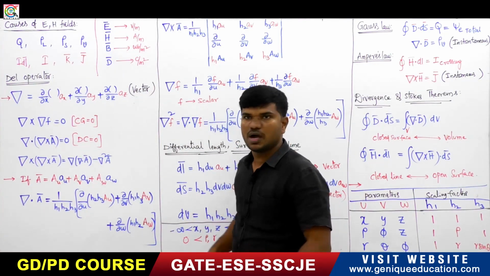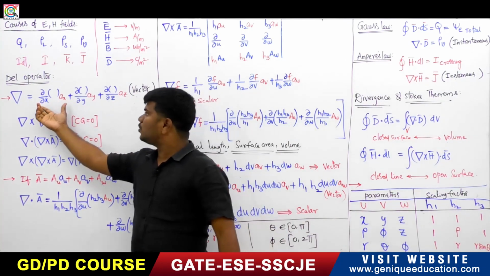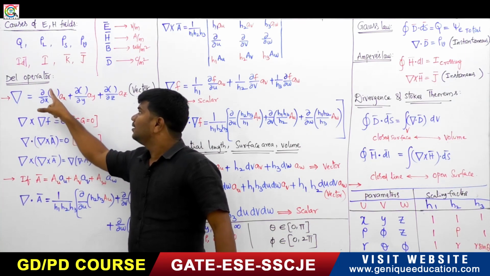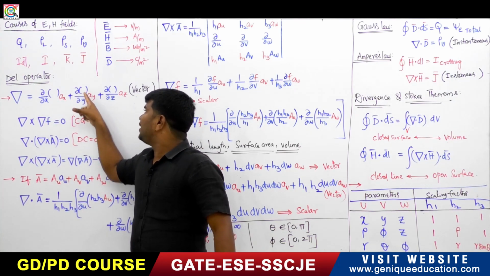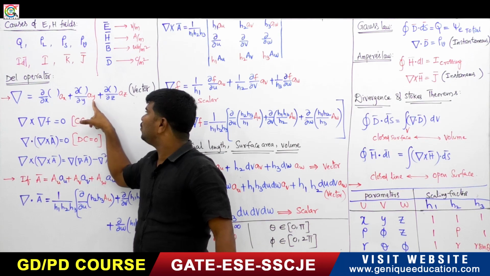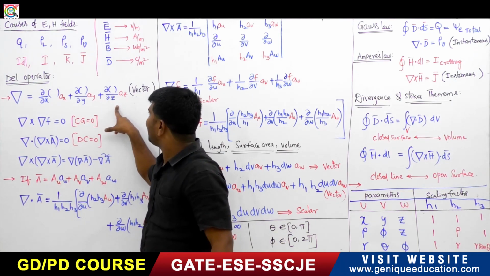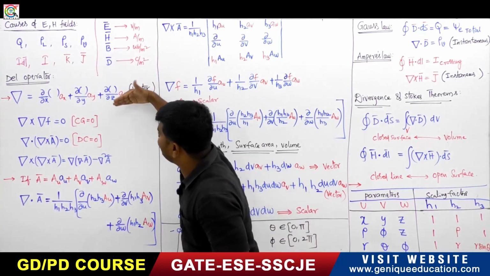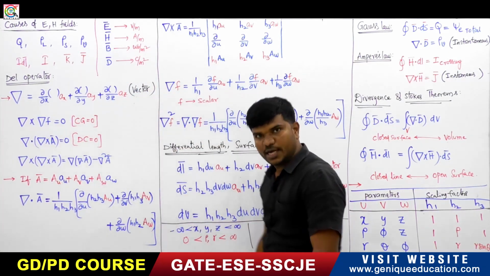Suppose I want to use the cylindrical coordinates here, I cannot write dou by dou rho of something into a rho, dou by dou phi of something into a phi, dou by dou z of something into az. I cannot write like that. It is only valid for Cartesian coordinates.